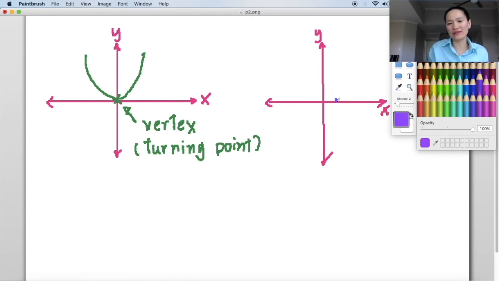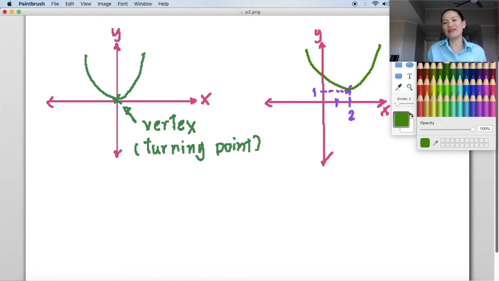For example, x is 2, y is 1, and your vertex is here. Your graph could be similar to this, and you can see that it has a y-intercept. That means where the graph cuts the axis y. Here we call it the y-intercept.